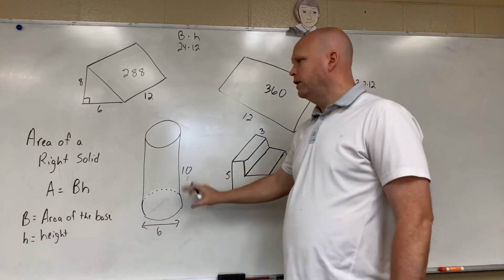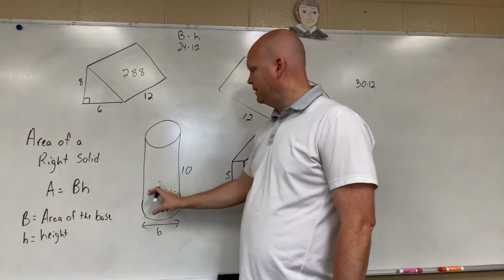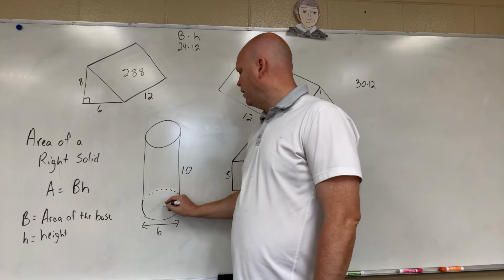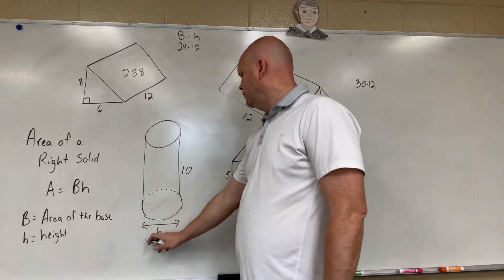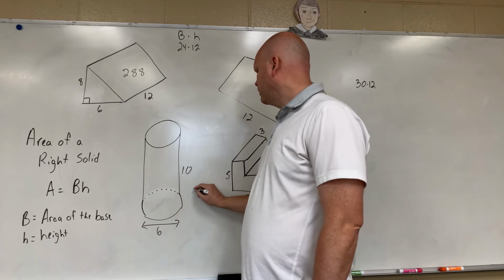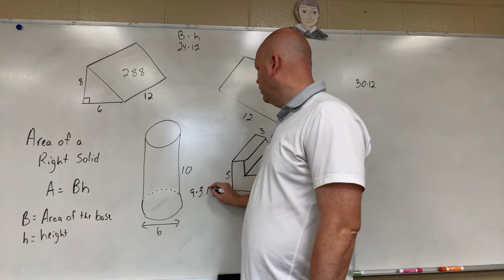On a cylinder, still area of the base. Well, how do we find the area of the base on the cylinder? Well, the base is a circle. To find the area of a circle, we do pi r squared. So in this case, the radius is 3 because this is representing the diameter. So 3 squared is 9 times 3.14.